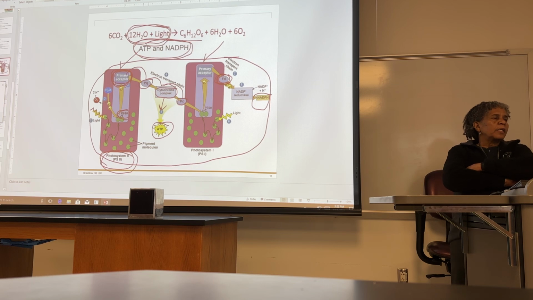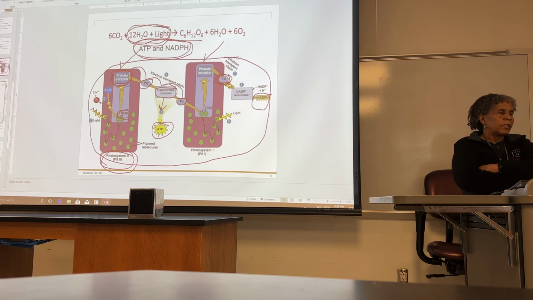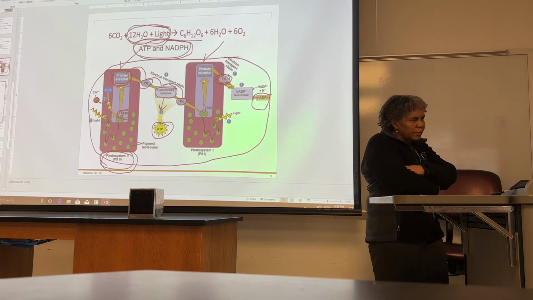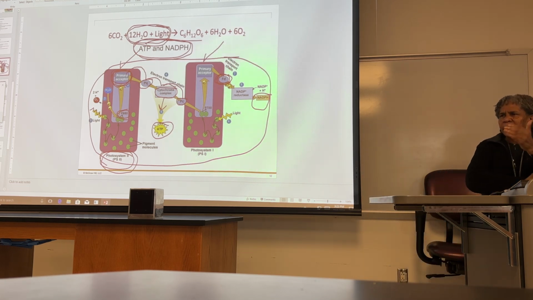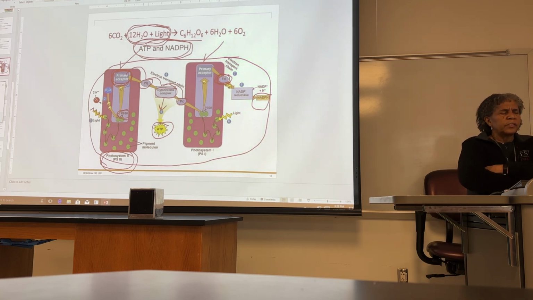I want you to know that there is a difference between photosystem 2 and photosystem 1, but in the sequence of things, photosystem 2 is the first to absorb the light, but there's light absorption at all of these photosystems, and these are in the thylakoid membranes, and all the energy that's generated in the form of adenosine triphosphate and NADPH, all of that energy gets utilized in the Calvin cycle.